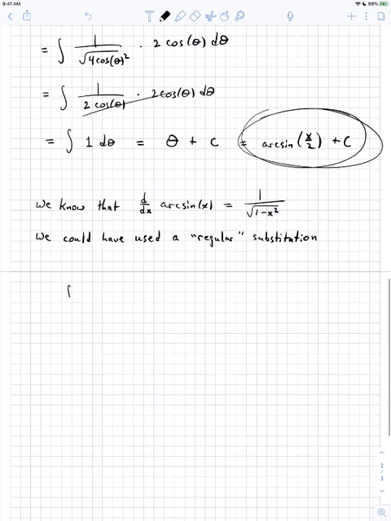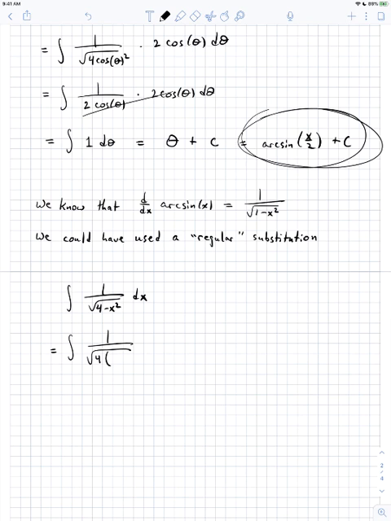So if you have the integral of 1 over the square root of 4 minus x squared dx, you want to make this 1 over the square root of 4 minus x squared look like that. And it's not trivial, but it can be done. Basically, the idea is you want to factor out a 4. So how does that work? 1 over the square root, factor out a 4.